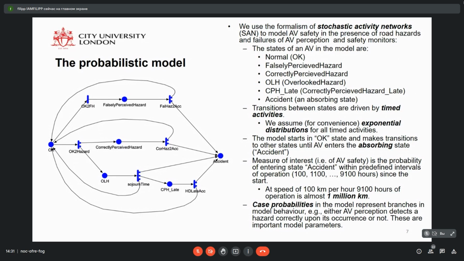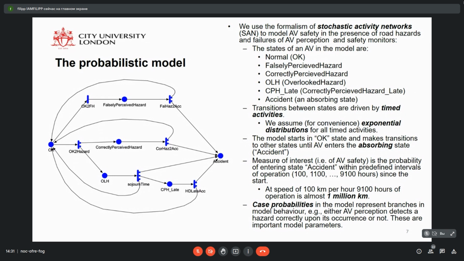It's not calendar time, it is driving. If you drive a couple of hours a day, this may take a very long time in calendar time. But the data that we use to parameterize the model, and I'll explain in a minute, is from data collected by a drone on German motorways.